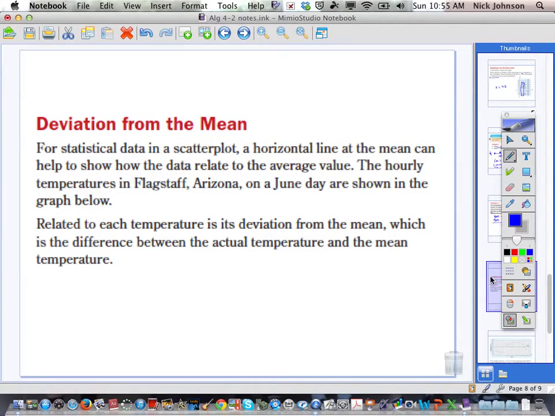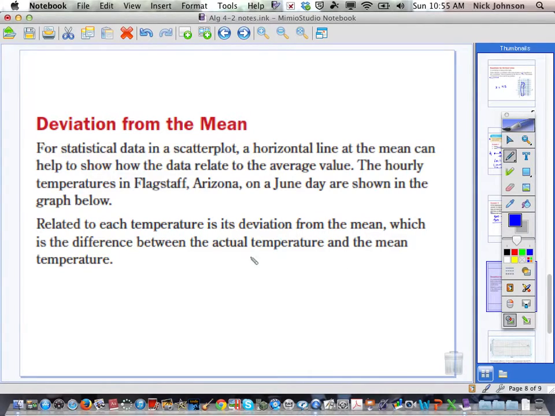Deviation from the mean. For statistical data in a scatter plot, a horizontal line at the mean can help to show how the data relate to the average value. The hourly temperatures in Flagstaff, Arizona on a June day are shown in the graph below. Related to each temperature is its deviation from the mean, which is the difference between the actual temperature and the mean temperature.